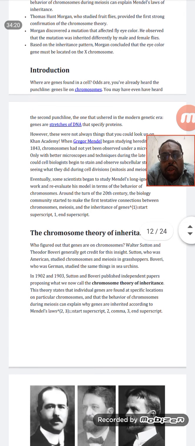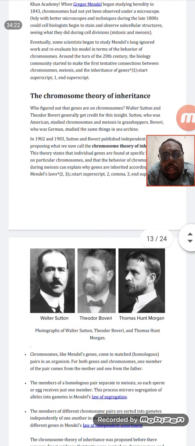So in the chromosomal theory of inheritance, there are 3 scientists: Walter Sutton, Theodore Boveri, and Thomas Hunt Morgan. Why is Thomas Hunt Morgan given here? Because whatever Sutton and Boveri said about the chromosomal theory of inheritance, Thomas Hunt Morgan confirmed through his experiment with Drosophila, which comes under linkage and recombination, that we will study next week.